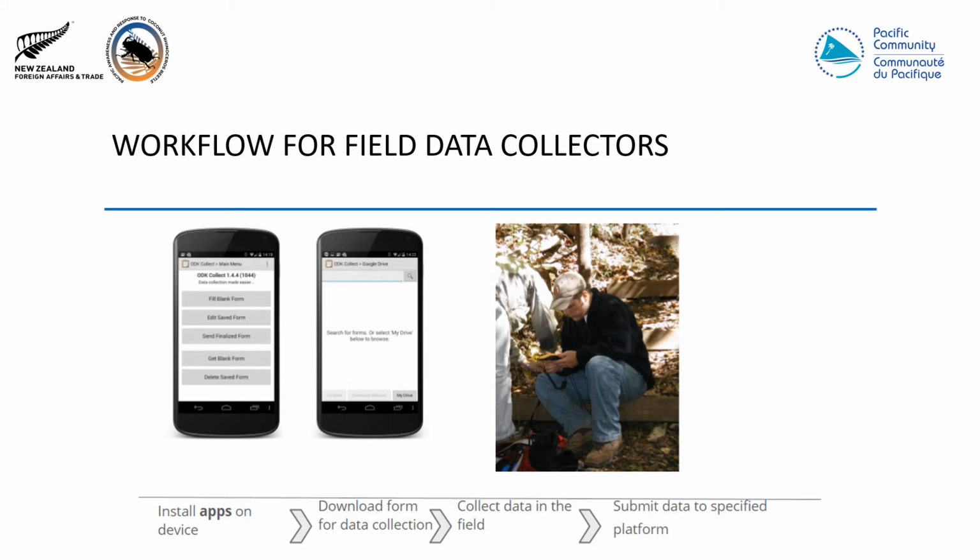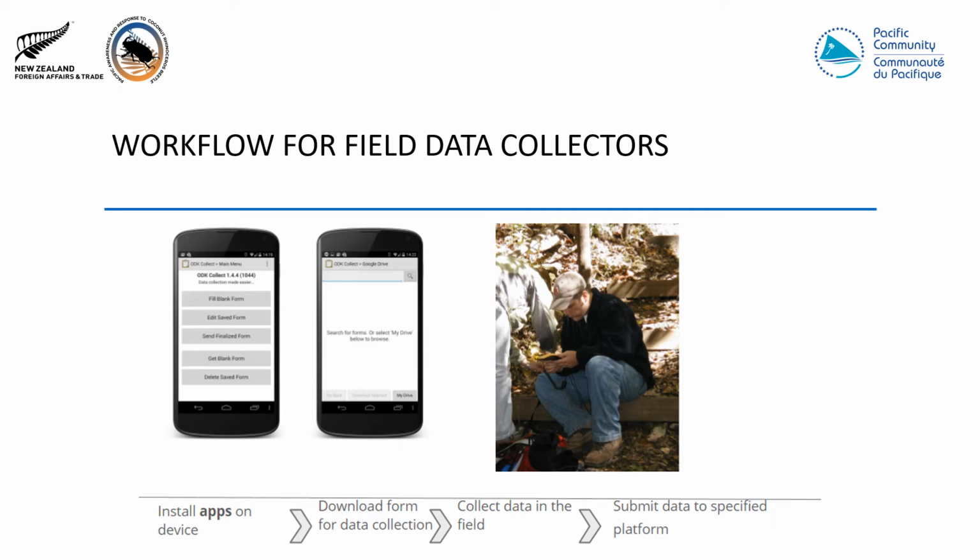For field data collectors, it is vital that we understand the link between Kobo Collect and Kobotoolbox. The preferred mode of capturing data is using an Android mobile device. First, the app must be installed and configured on the mobile device. Configuration of the app will be shown later in this presentation.